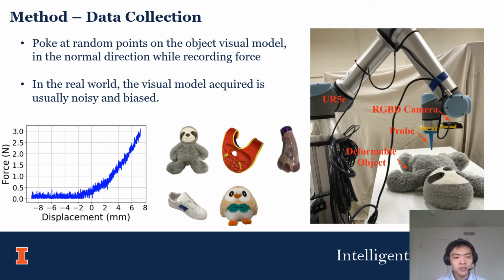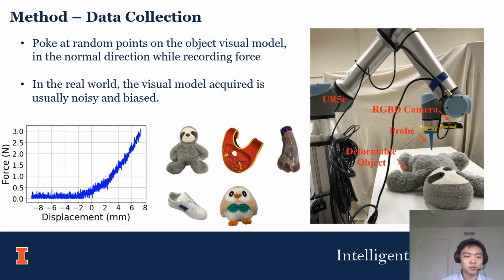The bottom left is a plot of the force displacement curve that we collected on one of these objects. You can see that the sensor data is a little bit noisy, and it also has bias. If the visual model were completely correct, we'd expect the force to start rising when the displacement is at 0.